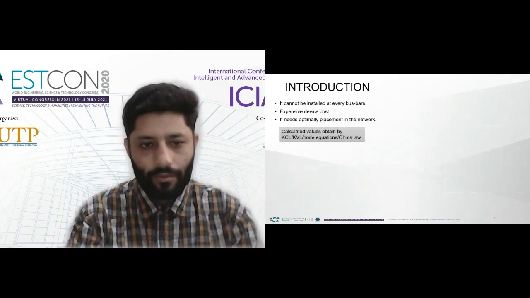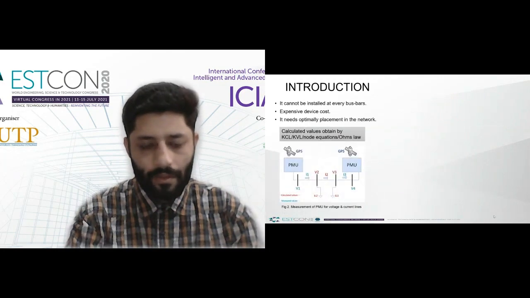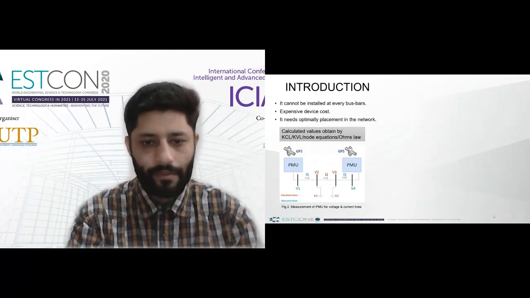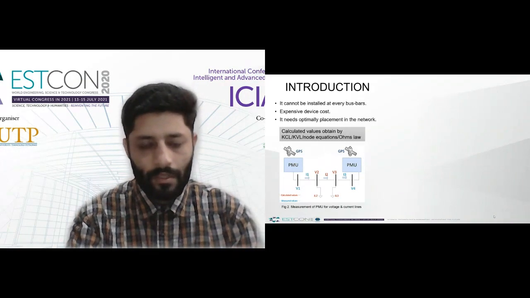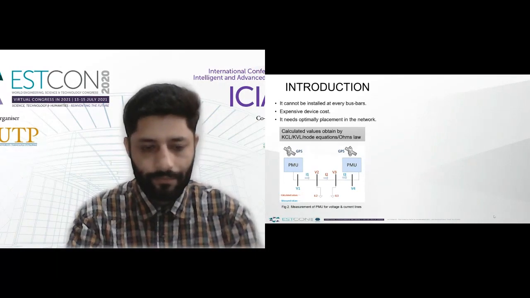Figure 2 explains the installed number of PMUs in a grid station. Here we have 4 buses and 2 PMUs installed at bus bar 1 and bus bar 4, which directly measure the parameters of voltage V1 at bus bar 1 and V4 at bus bar 4. The remaining parameters are estimated through KCL, KVL, node equations and Ohm's law.